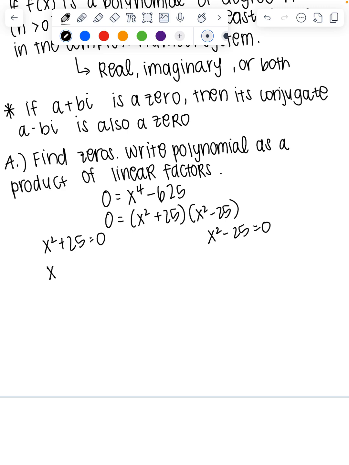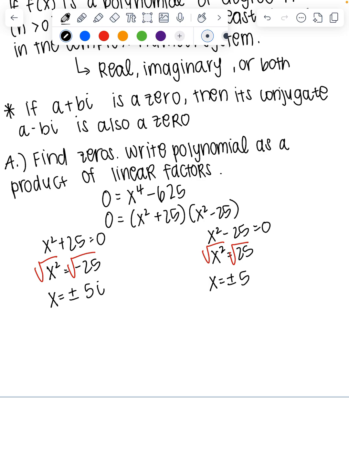On this first side, I have x squared is equal to a negative 25, and then because I am going to take the square root, right, I need to make sure that I apply that plus or minus on the outside 5i. Okay, then here I have x squared is equal to 25. This one I too will apply that square root because I am applying it. I have x is equal to plus or minus 5.